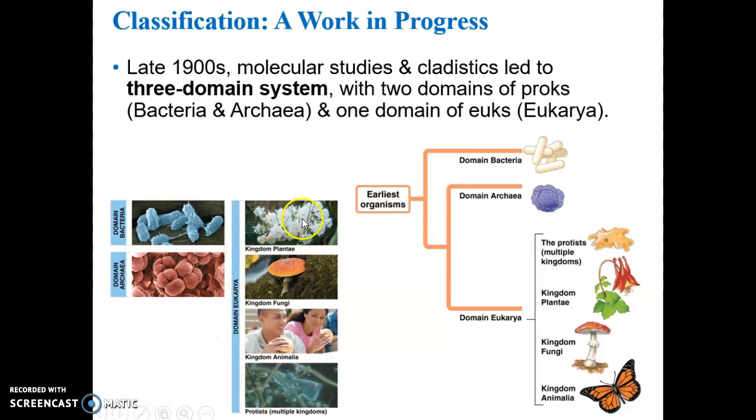The domain Eukarya has its kingdoms Plantae, Fungi, Animalia, and Protista, which is actually a group that still needs lots of taxonomic work to clarify it. So the earliest organisms were domain Bacteria, more recently Archaea evolved, and then the Eukarya. That's what we have now, a three-domain system with lots of clarification work to do, especially on the protists.